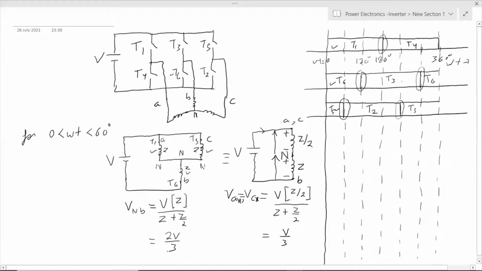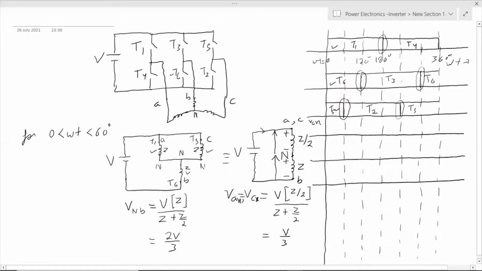So we can just draw our VAN, VCN, and VBN. Let me say VAN.